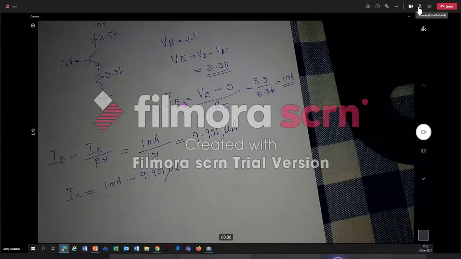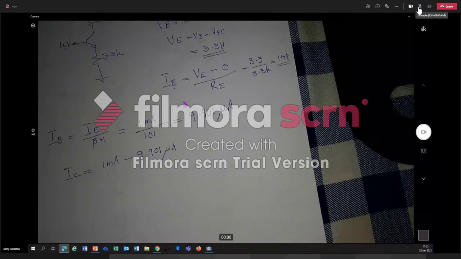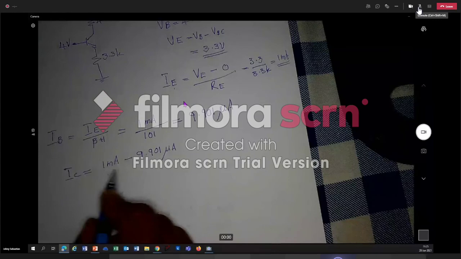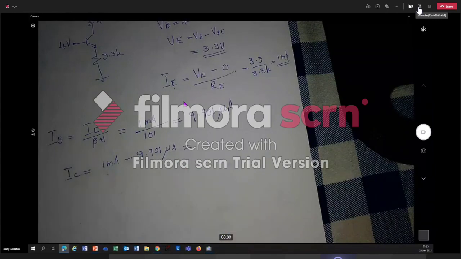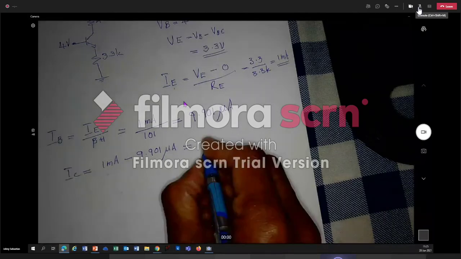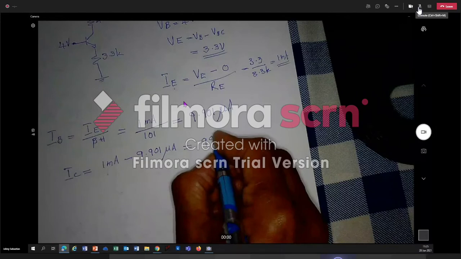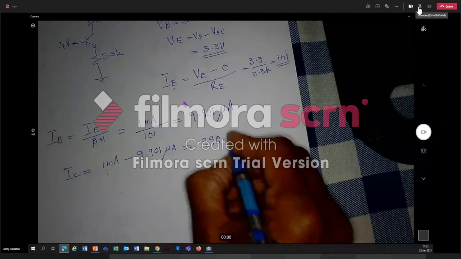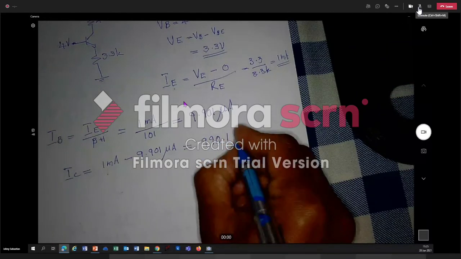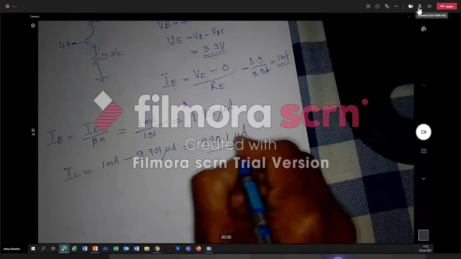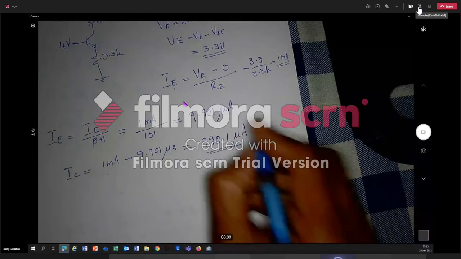So 1 milliampere minus 9.9 microampere. So we found the collector current as well.